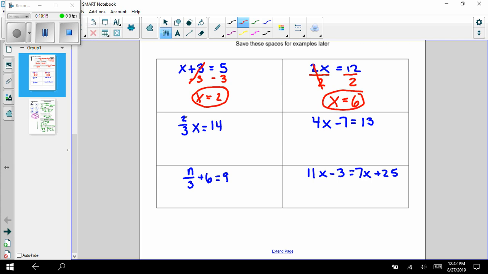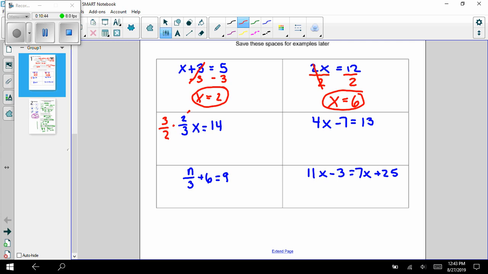Next up, we have 2/3 times x equals 14. I gave you this example because sometimes we forget how to get rid of a fraction when it's being multiplied. To get rid of this fraction, we're actually going to multiply by the reciprocal. Reciprocal is when we flip the fraction upside down. I know the opposite of multiply is to divide, but when you divide by a fraction, you actually multiply by its reciprocal.